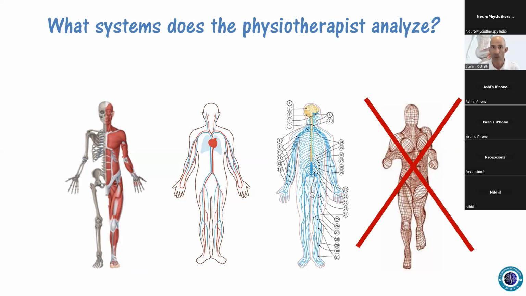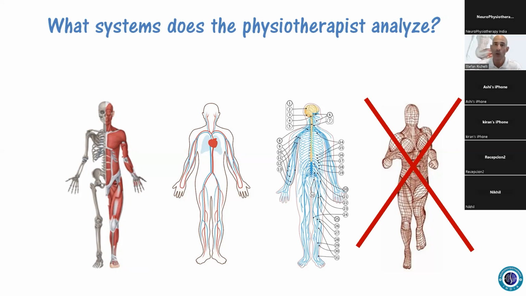But to understand how important fascia is, first of all, we have to understand that fascia wraps everything in the body, interconnects everything in the body, and everywhere in the body there is fascia, connective tissue. So when we are making an assessment, when we are treating our patient, we cannot remove the fascia system and say, oh, no, I'm going to look only at the musculoskeletal one.